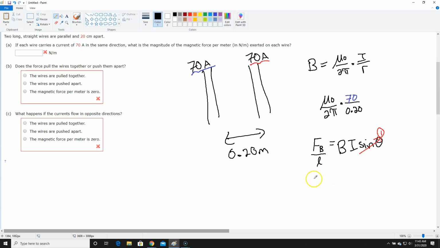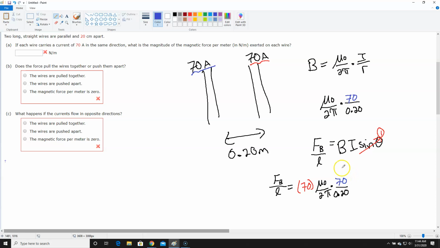Let's go ahead and put in information that we know about. So force per meter is equal to the current on the red wire, which is 70, times the field strength from the blue wire, which is mu naught over 2 pi times 70 over 0.2.